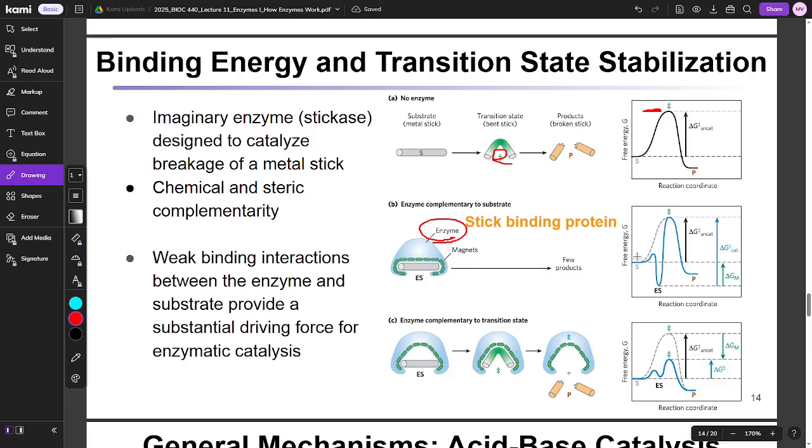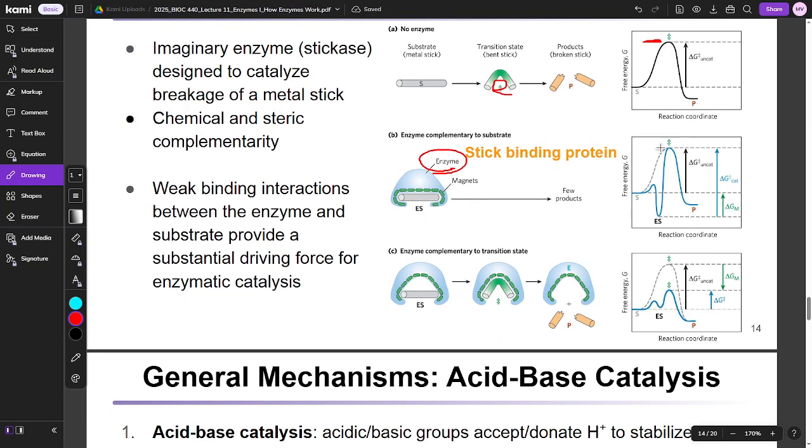But eventually we'll go from having to go all the way up here to being down here, because the compressor has been able to compress this stick and make it much easier to break, right? The idea here is that enzymes lower this activation barrier, this delta G double dagger, to make it far more doable and far faster for these reactions to happen, because remember, delta G double dagger is proportional to k cat.